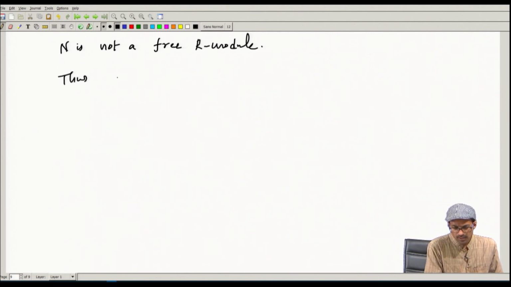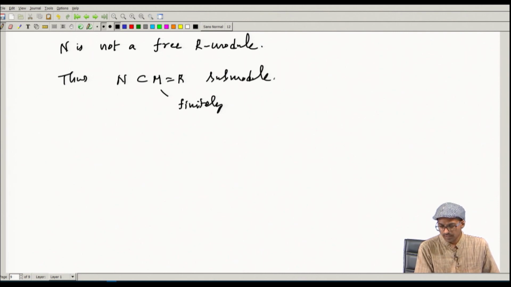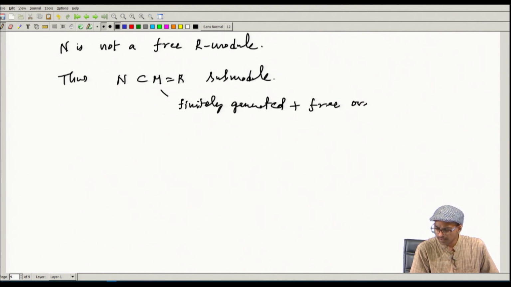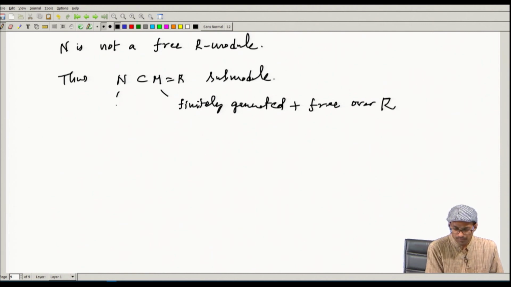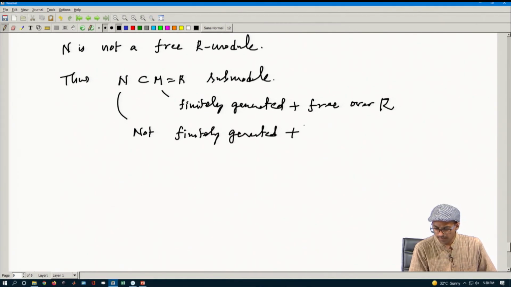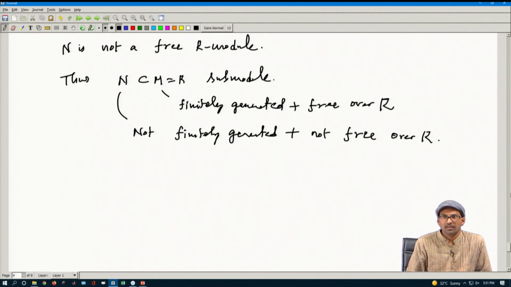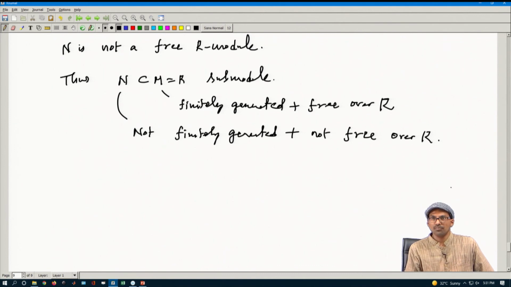Thus N is sitting inside M, but M is equal to R. This M is a finitely generated and free module over R, and N is a submodule of it, but if you look at N, this is not finitely generated and it is also not free over R. So this will provide an example to the parts 3 and 4 that we have discussed.